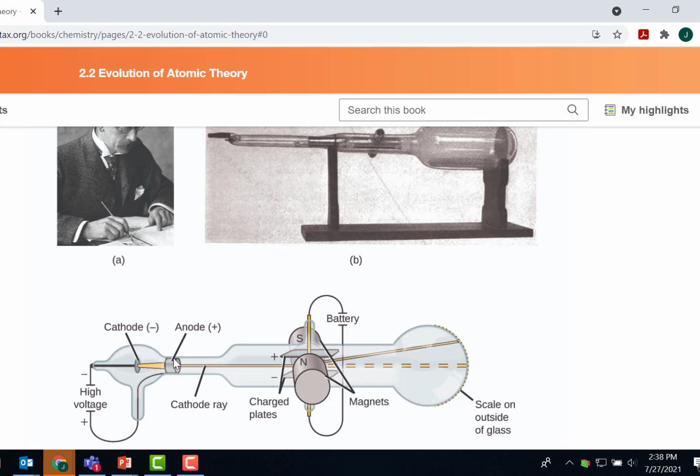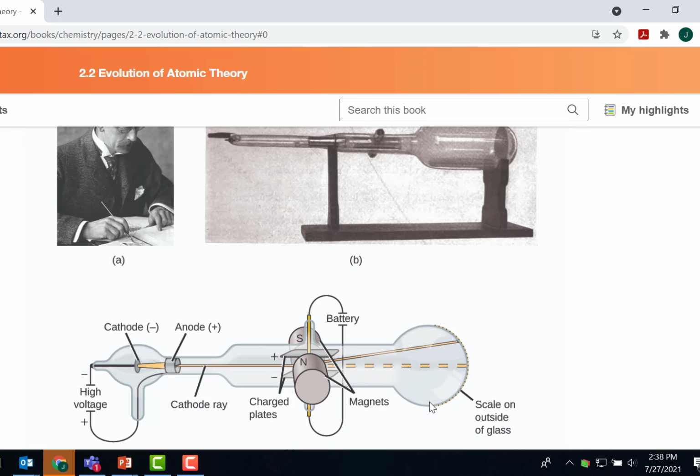So you've got two parts of the connection here, and regardless of what metal was used, what they saw was that when they did this, there was a beam of particles, or a beam of something. I should start by saying just a beam of something that was coming off of this, and it was a colored thing, and they could see it when they did this.